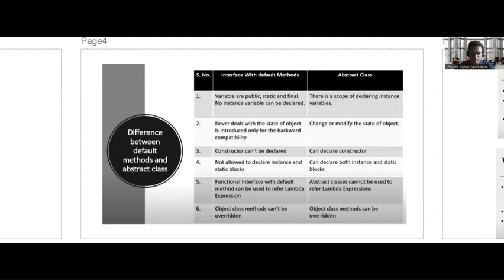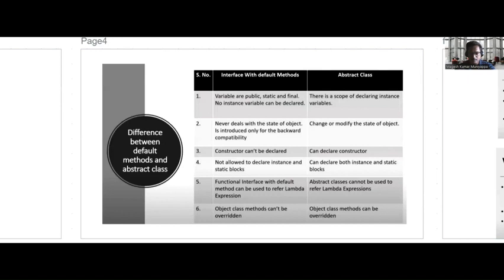The fourth point: interfaces are not allowed to declare instance and static blocks. An interface will not allow you to create an instance variable or define any static blocks, whereas in an abstract class, you can define them.